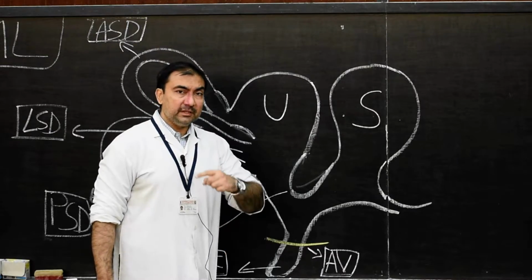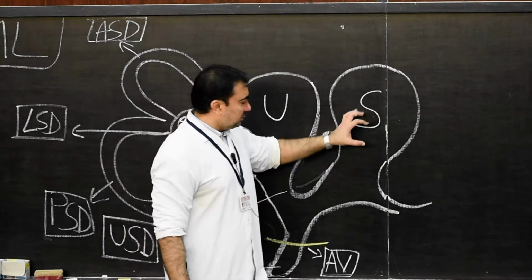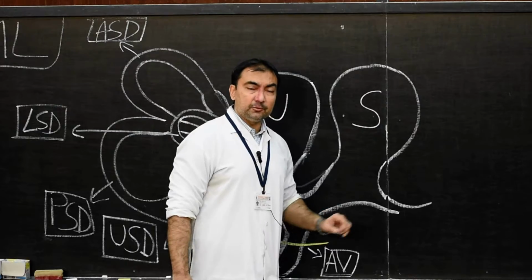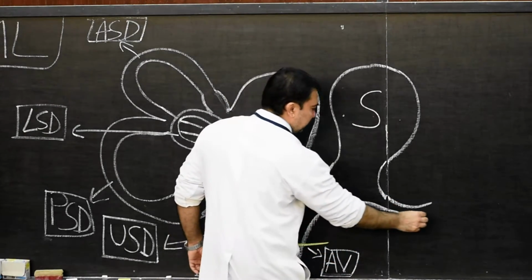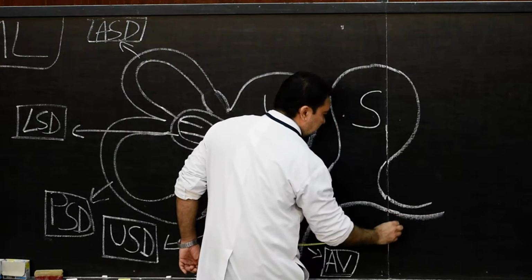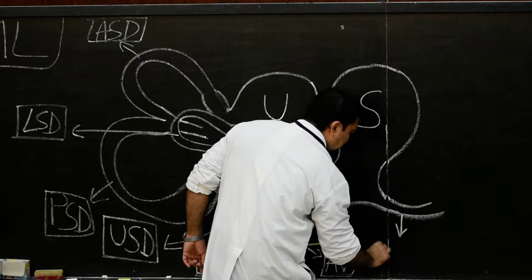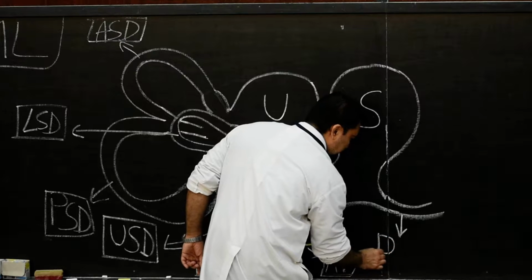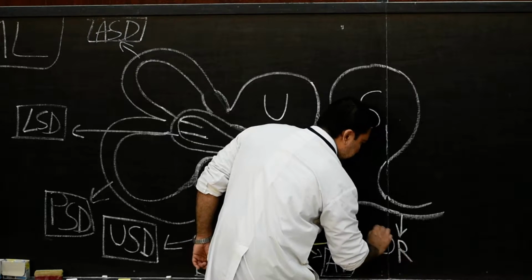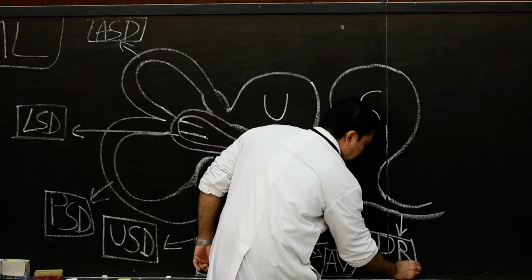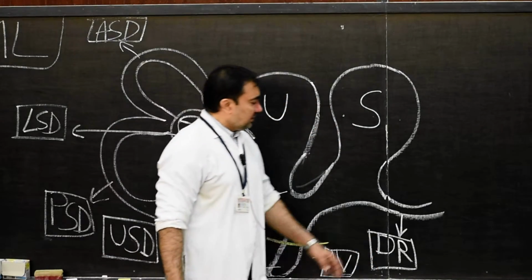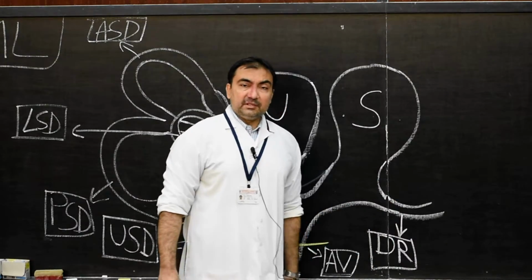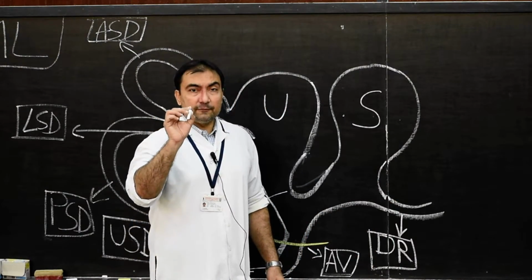So therefore, to be more specific, saccule will continue anteriorly through ductus reuniens. So let me make this duct, and this duct I will make it as ductus reuniens. This will be known as ductus reuniens. Where will it connect? This ductus reuniens will connect with the duct of cochlea.